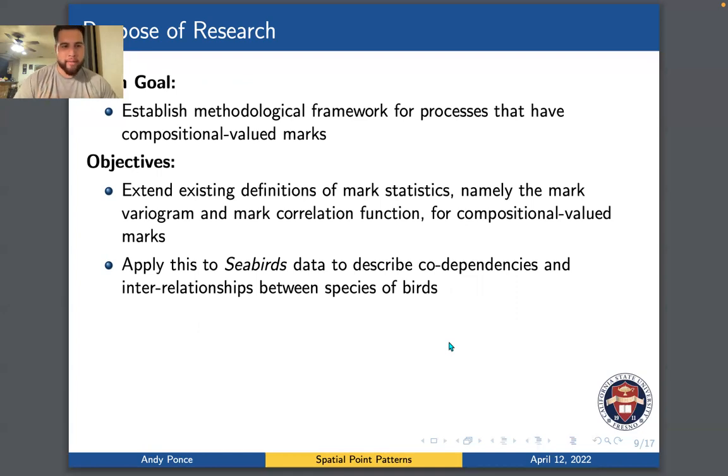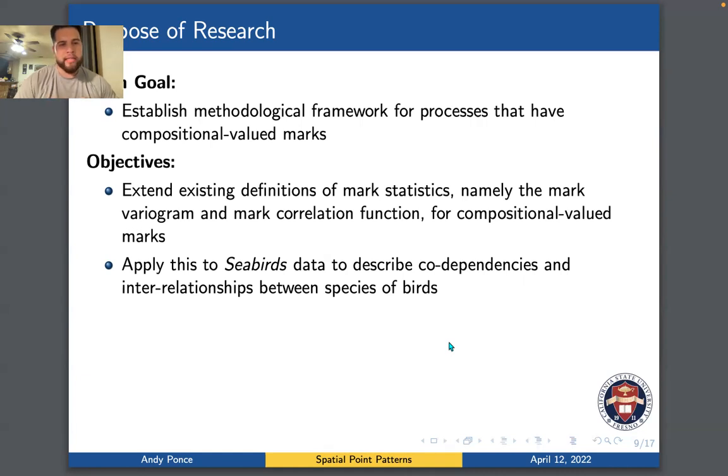A couple of objectives that we have to take care of along the way: the first one is we have to extend existing definitions of mark statistics, or just ways of measuring statistically point patterns and processes. The main ones that we focus on are what we call the mark variogram and the mark correlation function.